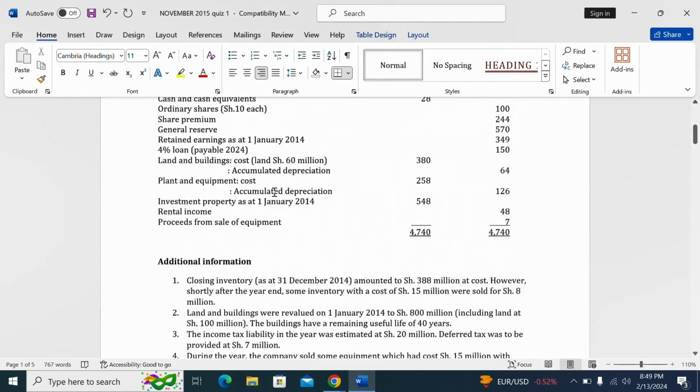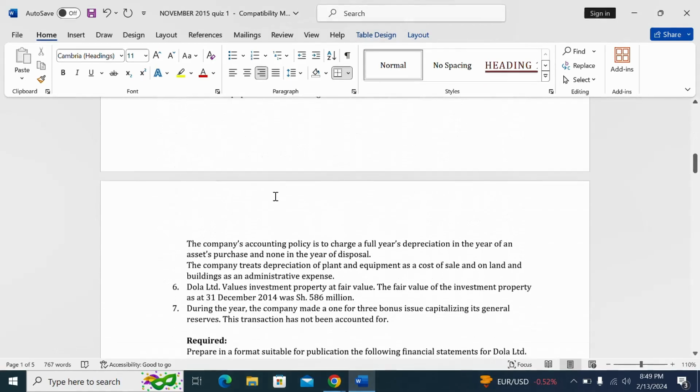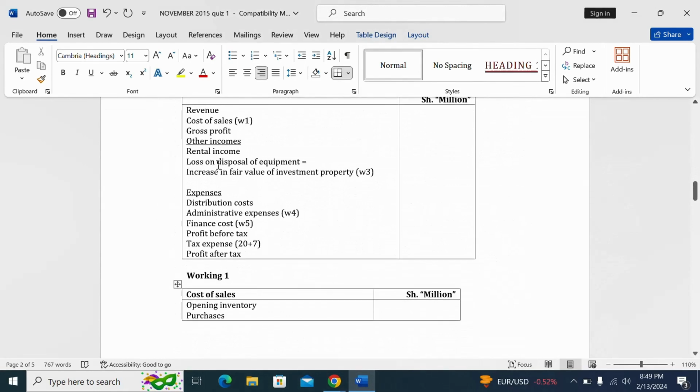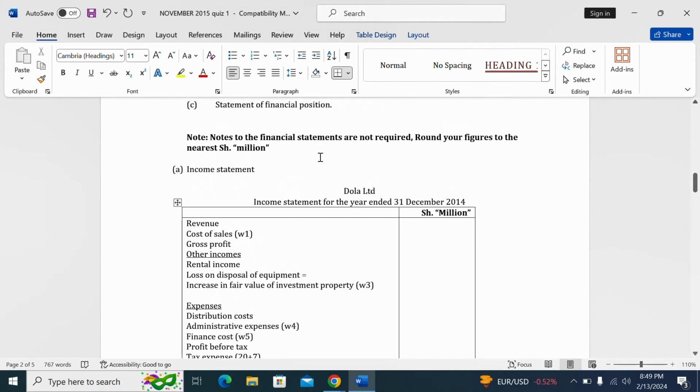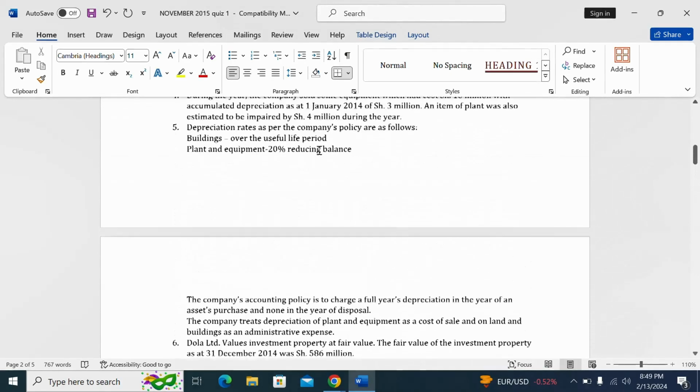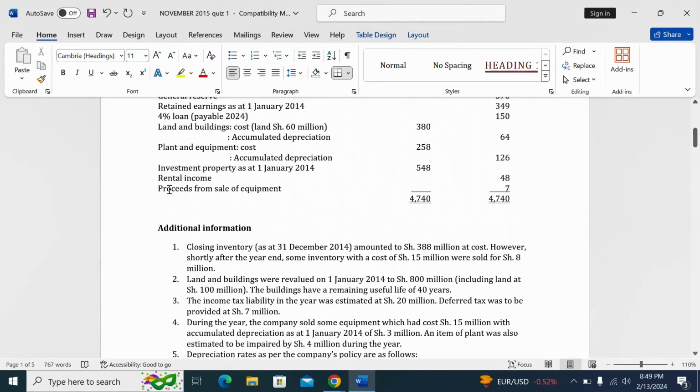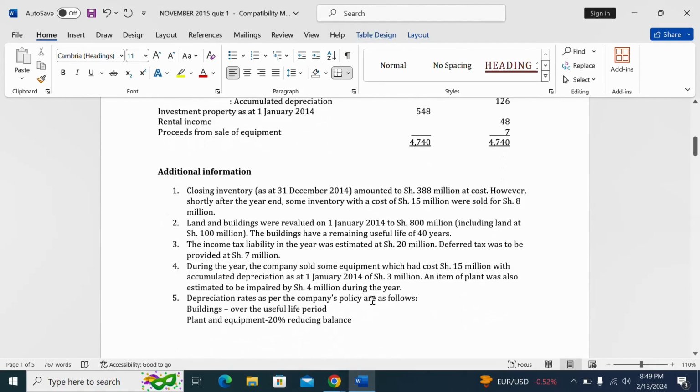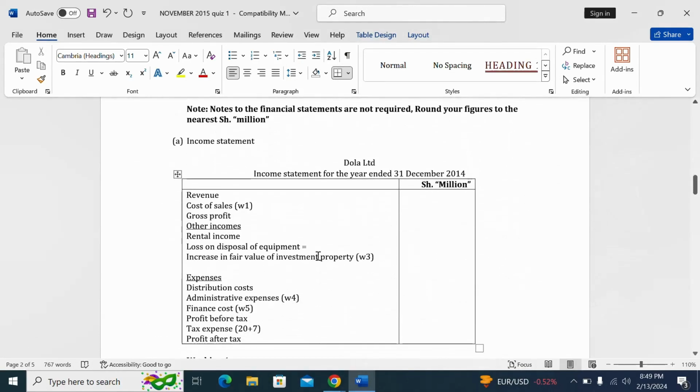Therefore, we go to our income statement where we have loss on disposal. We take the proceeds on disposal of equipment, that is in the trial balance. Proceeds from sale of equipment were 7 million. Therefore, we take proceeds, that is 7 million.